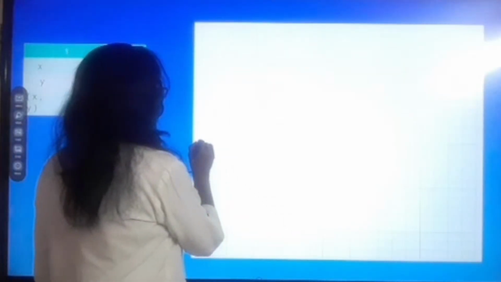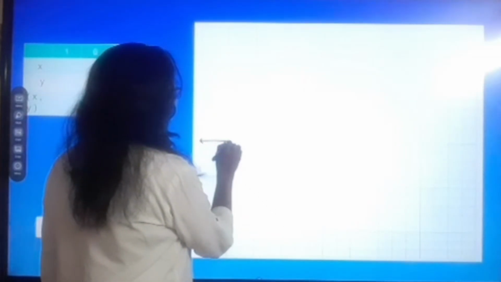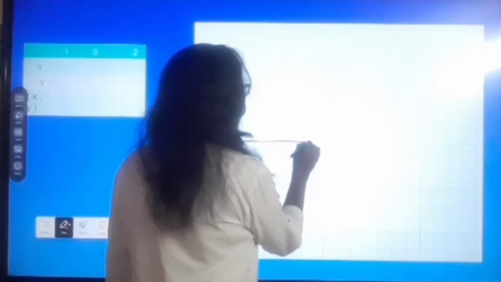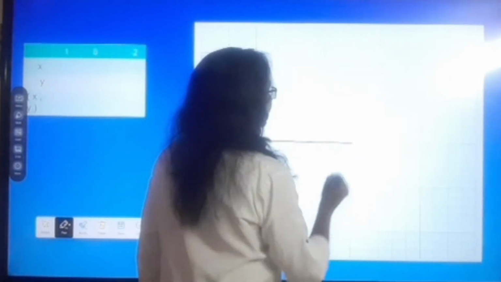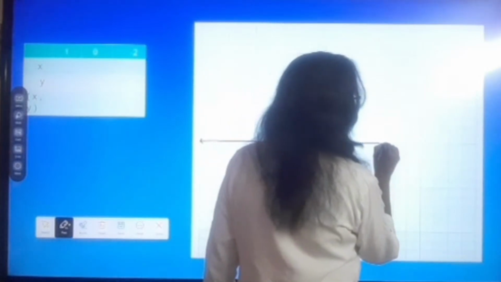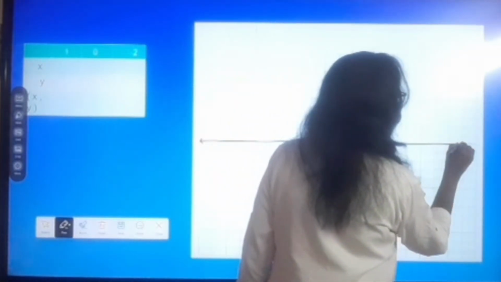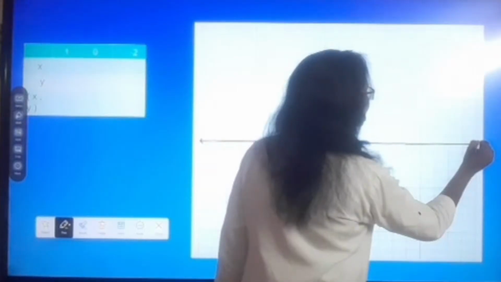Now see, the graph is ready. So first draw the XOX dash and then YOY dash. This is the x, here the x dash, and then y.